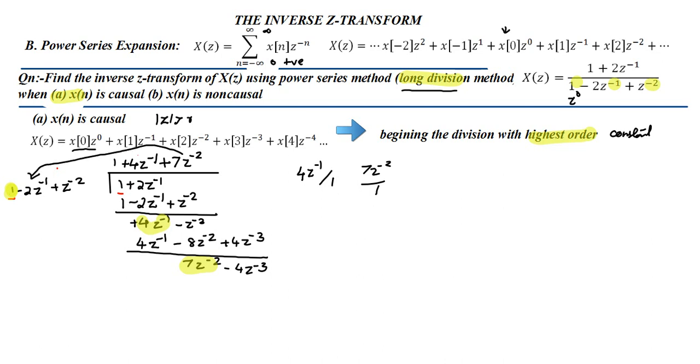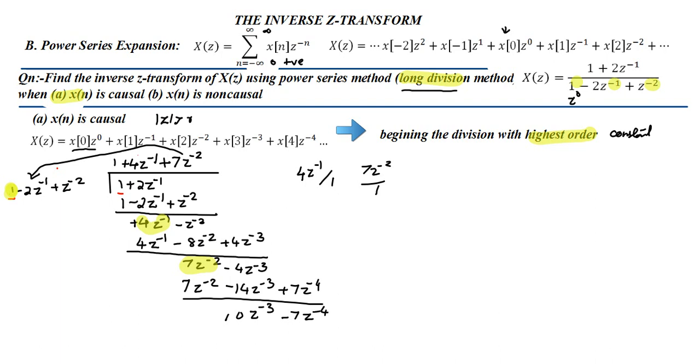If you multiply that, you will get 7z raised to minus 2 minus 14z raised to minus 3 plus 7z raised to minus 4. Now again I subtract, so I will get 10z raised to minus 3 minus 7z raised to minus 4 as a remainder.